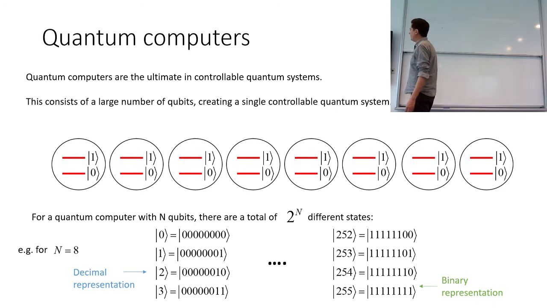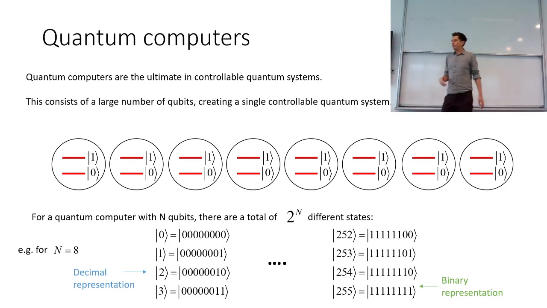Say we brought together 8 qubits like this, then there are a total of 2 to the power of n different states, and it's easy to see anything from all of them being 0 to all of them being 1. Right? So we can write this as a binary number, if you like.